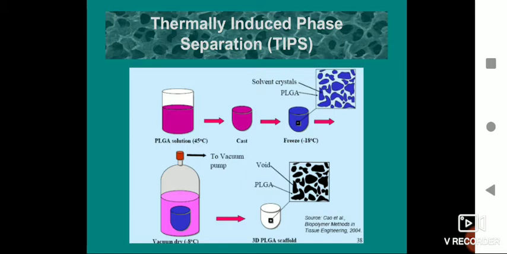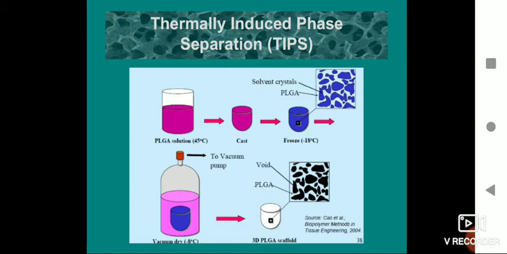In this you can see PLGA solution is taken in a solvent, and when the PLGA melts in the solvent at around 45 degrees, it is then poured into a cast and allowed to freeze at minus 18 degrees Celsius. On freezing, you will see the solvent forms crystals and PLGA forms a separate layer.